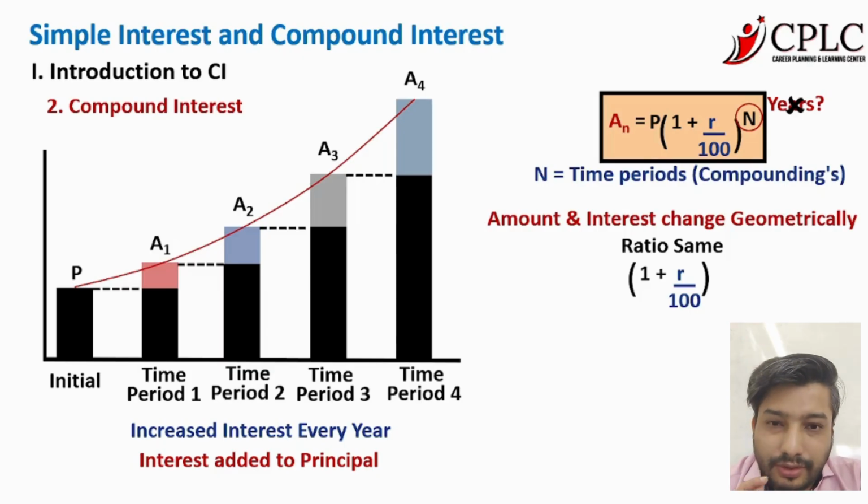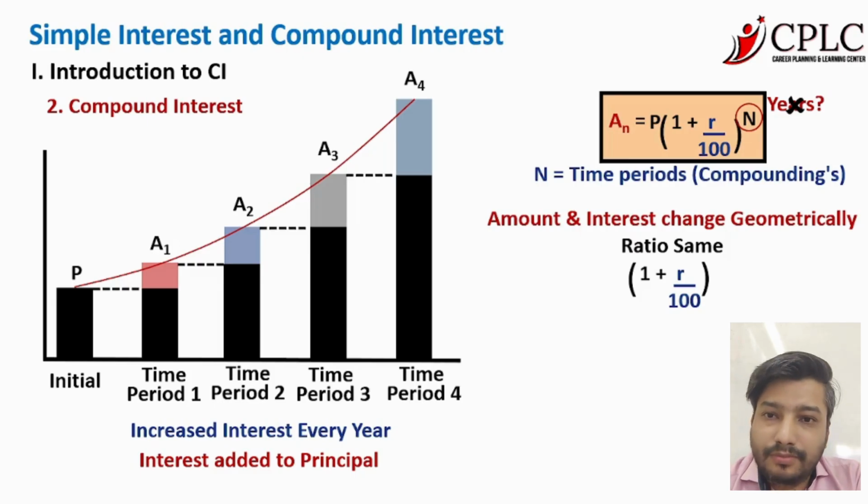So in this case, if you take the value of N as 1 considering the number of years, then you are going to make a mistake in the calculation. So always remember that in compound interest N is not the number of years, it is the number of time periods of compounding. That is how many times compounding happens. You need to understand that.